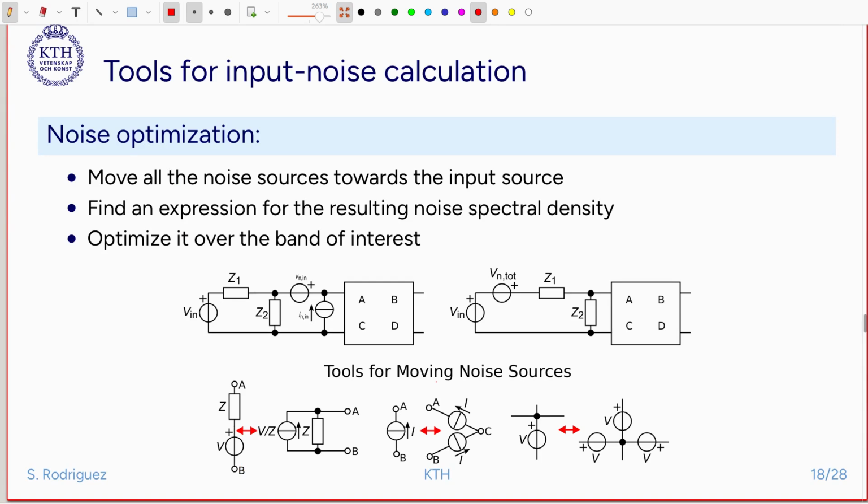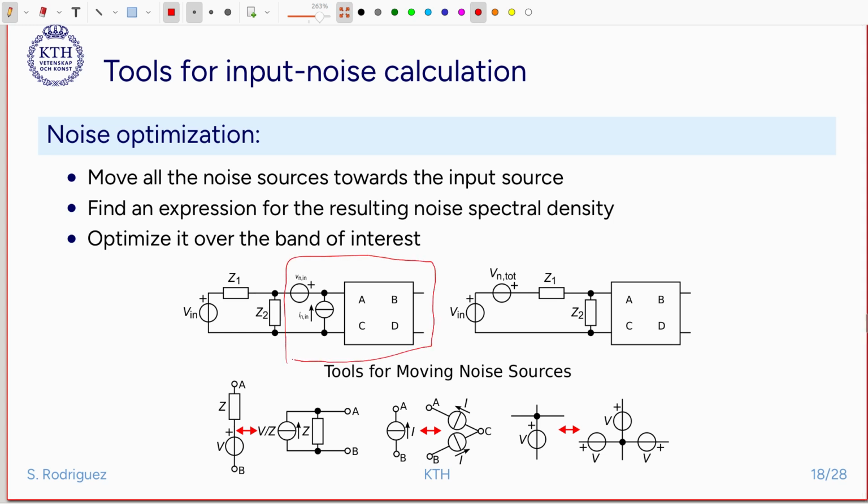Now we talk a little about how we need to move these noise sources toward the input source so that we can do a signal to noise calculation directly at the input. And typically our amplifiers, or at least the input stage of our amplifier, will look something like this.